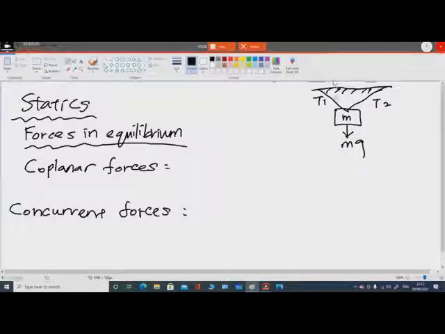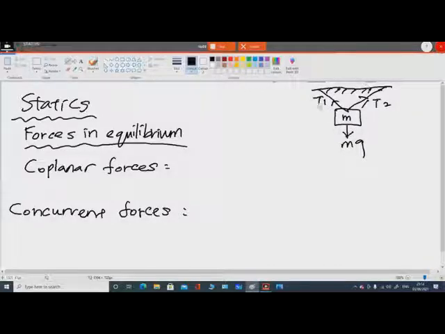This T1 is pointing upward, this one will be pointing to the right, and this one to the left. As we can see, in order for this object to be in equilibrium, there are three forces acting at the same time and also in the same plane.